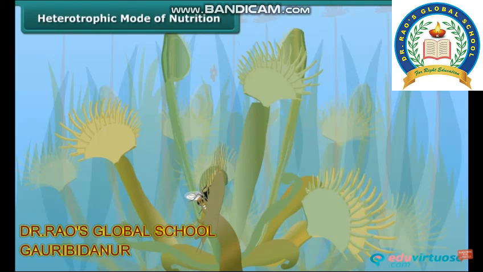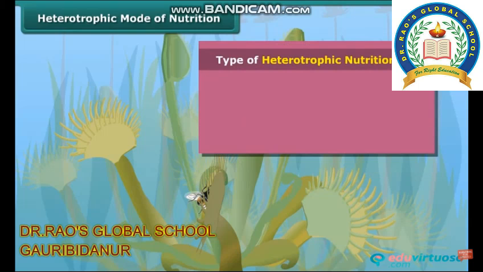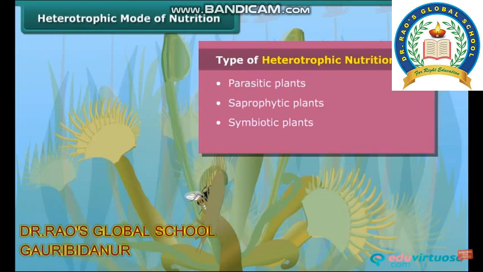The plants in which this kind of mode of nutrition is found are known as heterotrophs. There are 4 types of heterotrophic plants: parasitic plants, saprophytic plants, symbiotic plants, insectivorous plants. Now let's learn them one by one in detail.